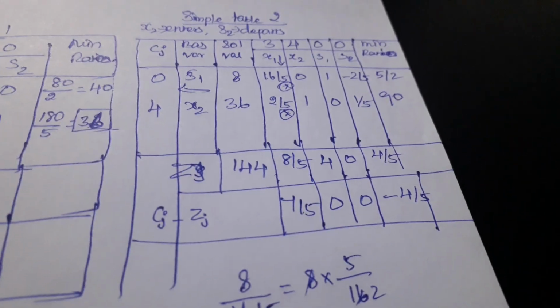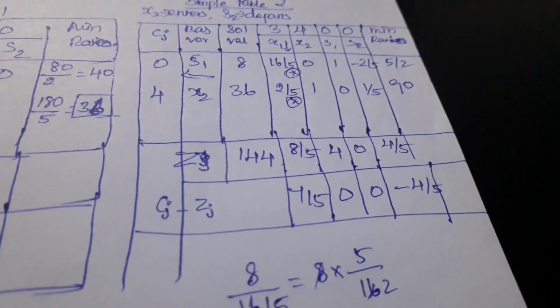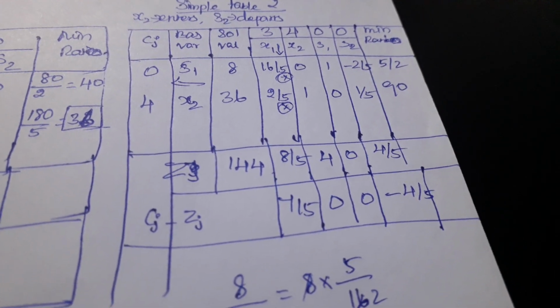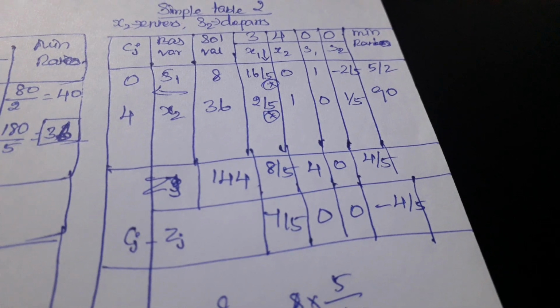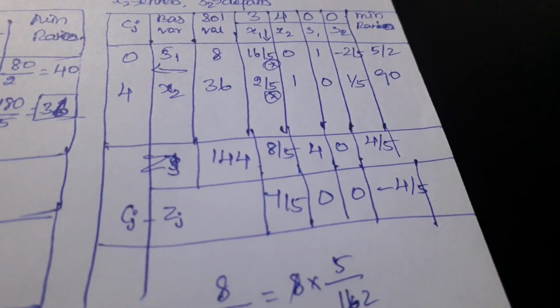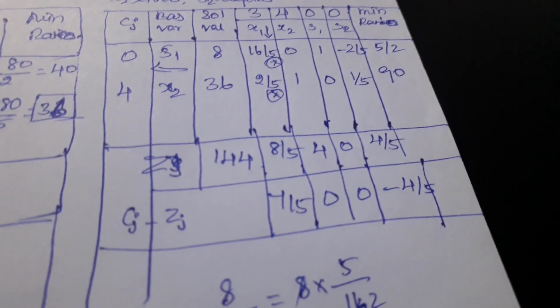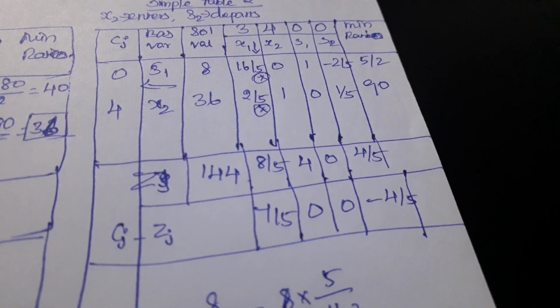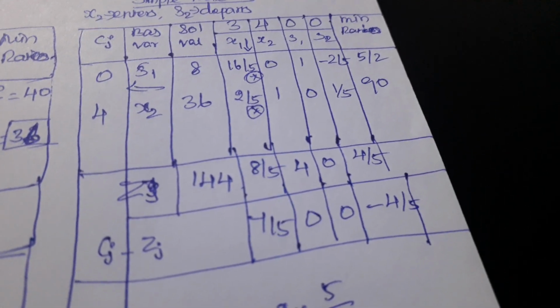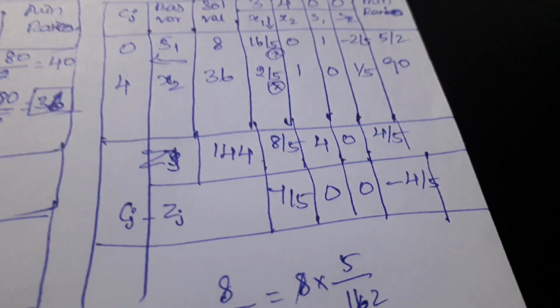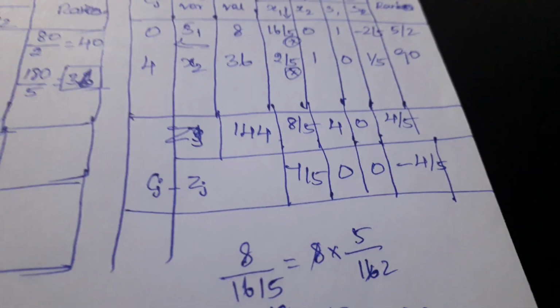The rest of the rules are the same as we followed in the previous table. After that we will get one positive value. For the optimality procedure, all of the Cj minus Zj values should be either negative or 0.